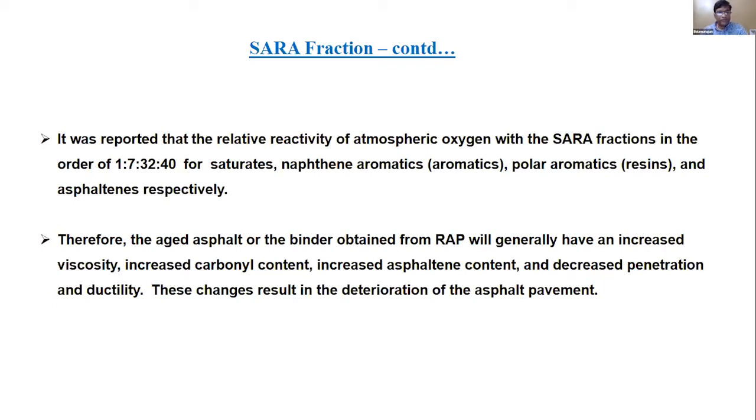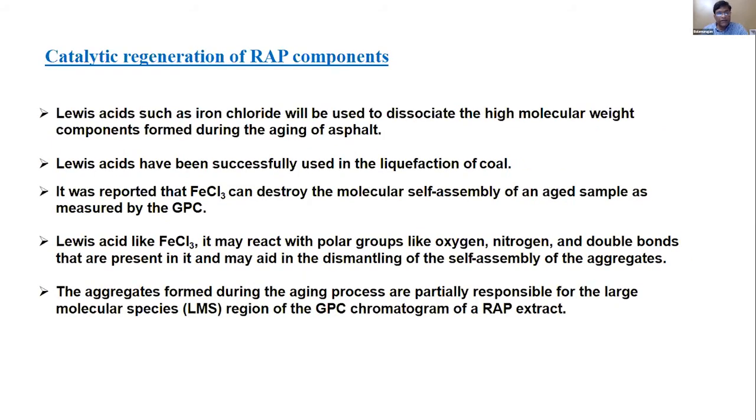The reason we want to use a Lewis acid for this work is that in the literature, Lewis acids are used for liquefaction of coal, and it is also known that Lewis acids like iron chloride can dismantle the self-assembled aggregates of polar groups like oxygen and nitrogen. So we thought it would be a good idea to use iron chloride and see what happens.